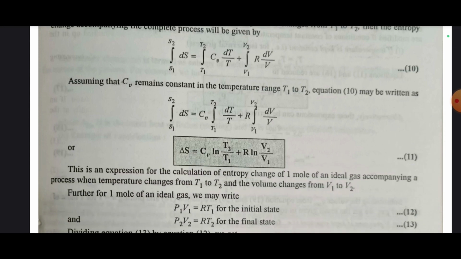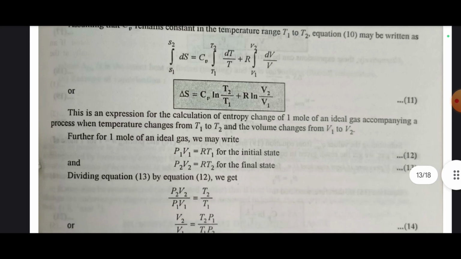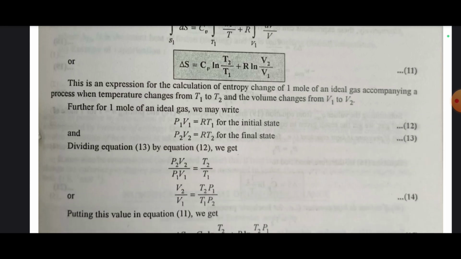Assuming that Cv remains constant in the temperature range T1 to T2, equation 10 may be written as ΔS is equal to Cv ln of T2 by T1 plus R into ln of V2 by V1, which is equation 11. This is an expression for the calculation of entropy change of 1 mole of an ideal gas accompanying a process when temperature changes from T1 to T2 and volume changes from V1 to V2.